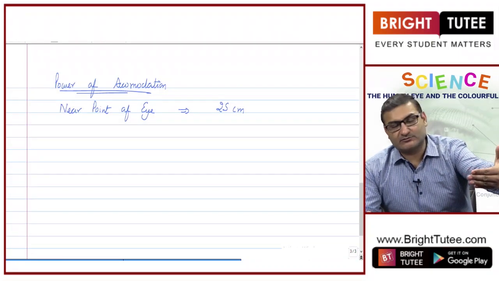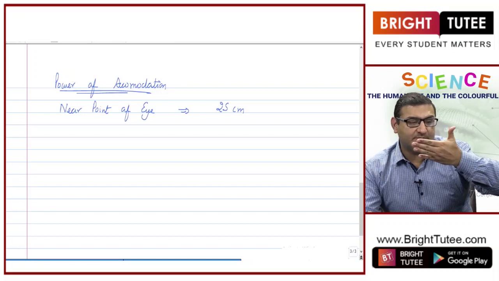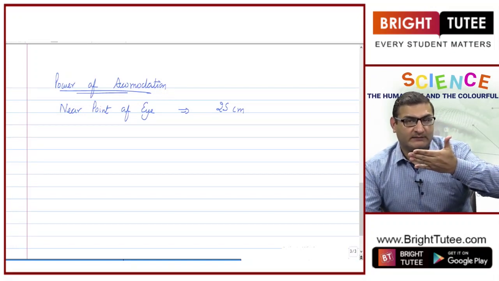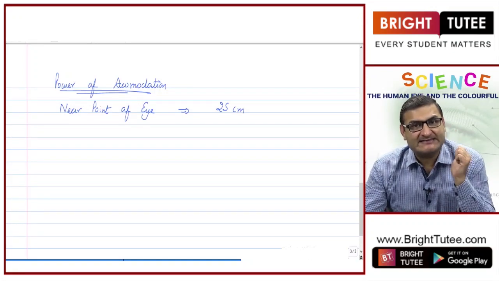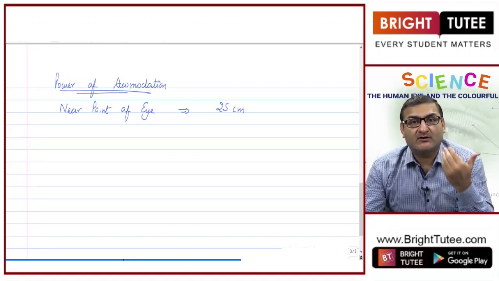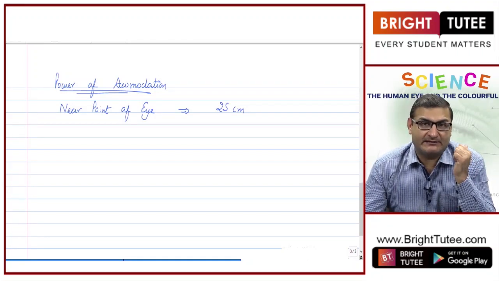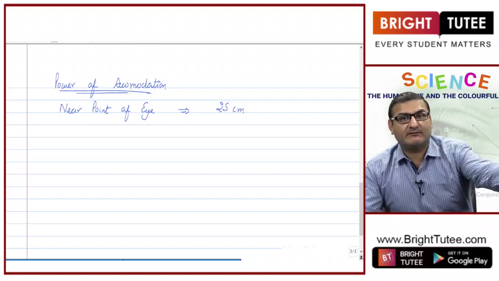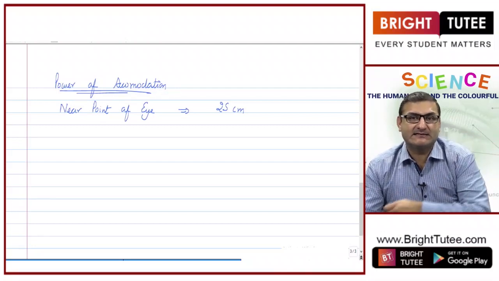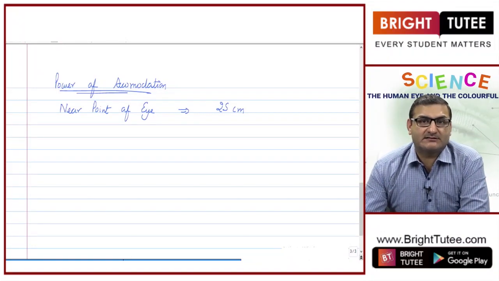Students can question, we can see objects from 5 centimeters too. But number one, that is a bit blurred, and second, that will cause stress and strain to your eyes. But if I am holding something at 25 centimeters, I can see it all through without any exertion or strain.